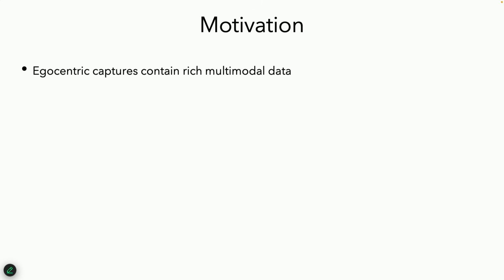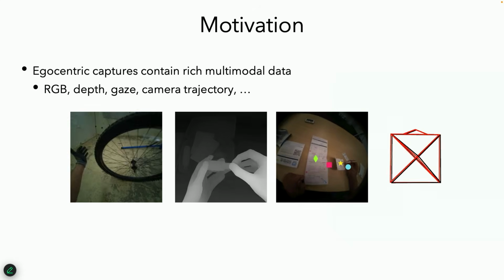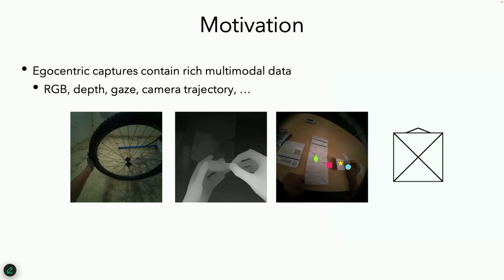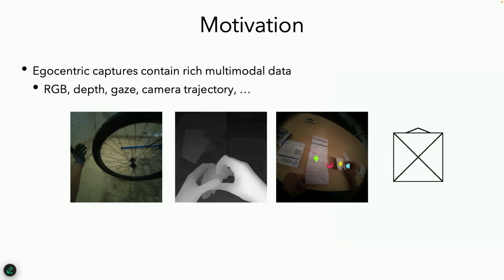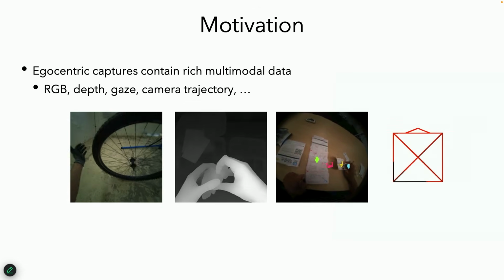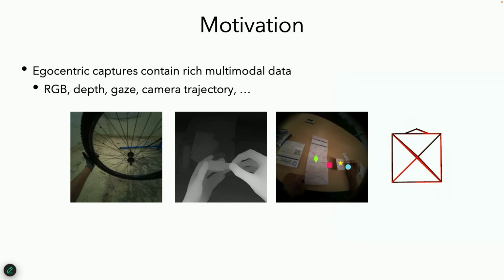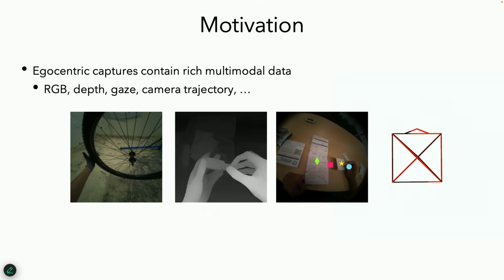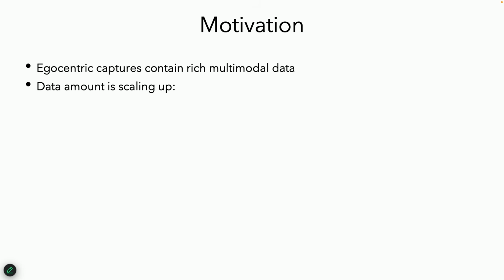We can really capture multimodal data with embodied devices, right? So in this work, we explored 4 modalities, including egocentric RGB videos, depths, gaze, and camera trajectories. There are many more modalities, but so far we explored these 4 for this pre-training model.